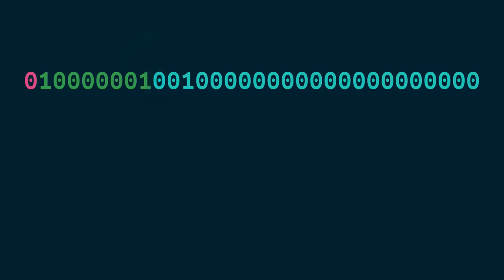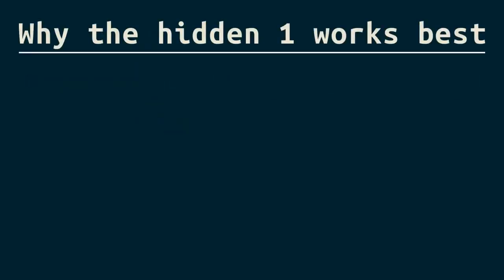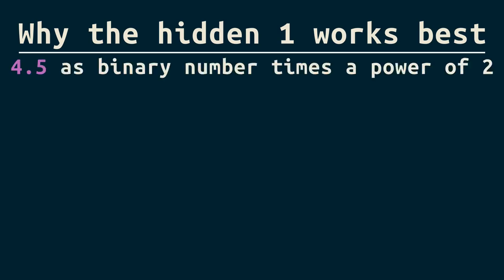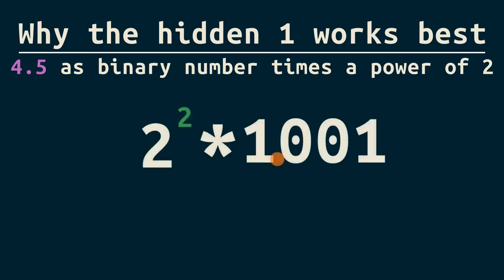Why did the engineers who created IEEE 754 floats hide a 1 here? Efficiency. To see why the hidden 1 is an efficient choice, let's look at how we might write 4.5 as a binary number times a power of 2. This is what we just saw, but wouldn't this also be equal to 4.5? Or this, or plenty of others?